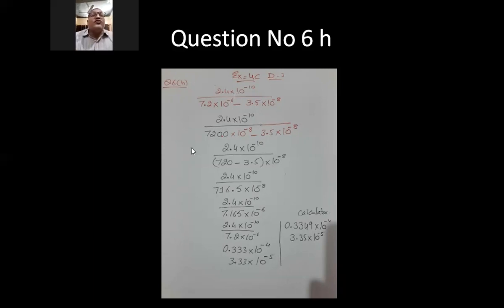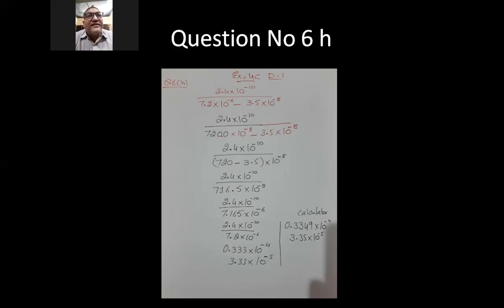From this point, I will move the decimal 2 steps to the right, and the power will become minus 8. Now you can take 10 raised to power minus 8 common from the denominator, and inside the brackets you have 720 minus 3.5. So 716.5 x 10 power minus 8 is in the denominator. So 2.4 x 10 power minus 10 over 7.165 x 10 power minus 6.